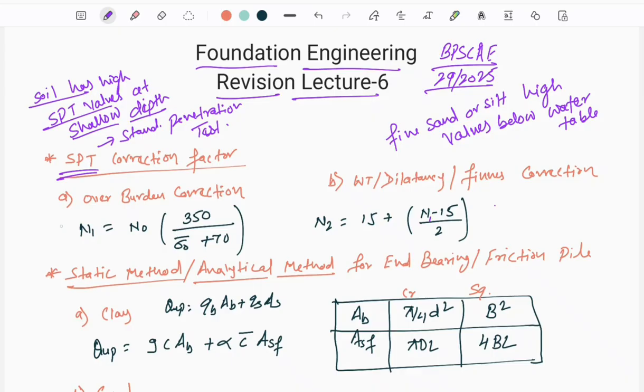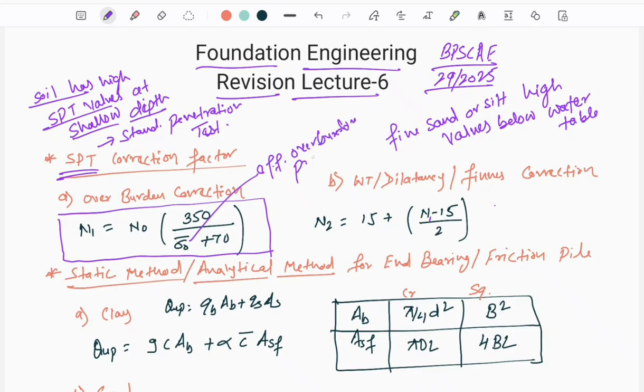So N1 is equal to N0 into 350 divided by sigma naught bar plus 70, where sigma naught bar is the effective overburden pressure, 350 and 70 are the standard values, and N0 is the observed SPT value.